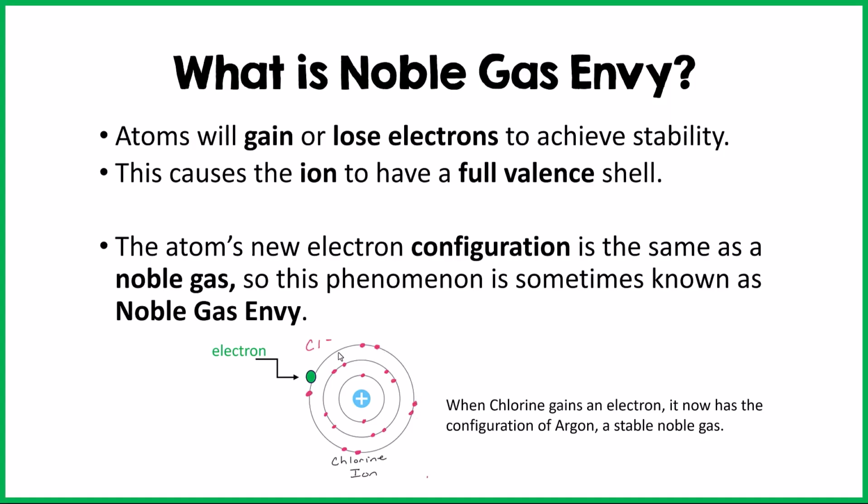This is actually the configuration of argon. But since we're not changing the number of protons in the middle of that chlorine atom, it's not changing into argon. It just now has the same number of electrons as argon, which is a stable noble gas. So that's why we call this noble gas envy, because these atoms are working towards getting a full valence shell like a noble gas.